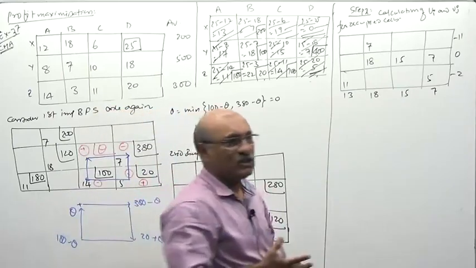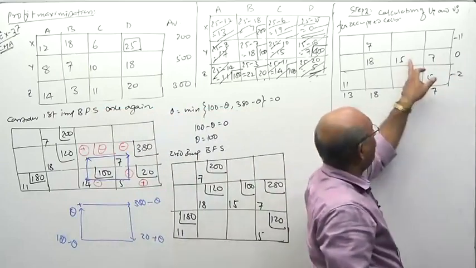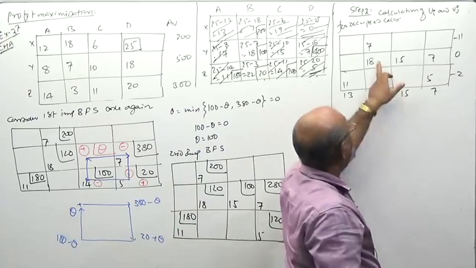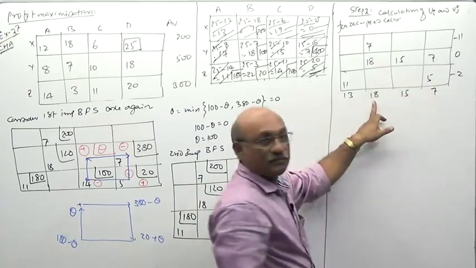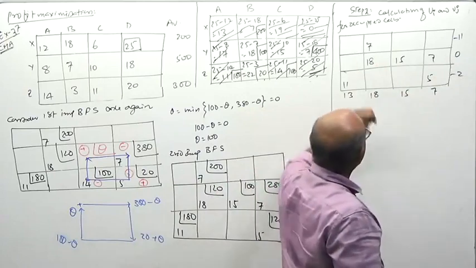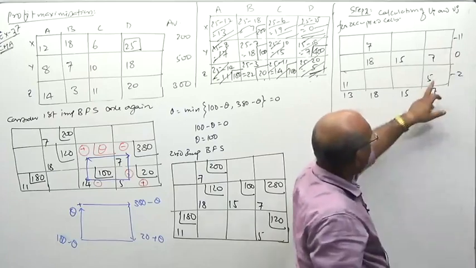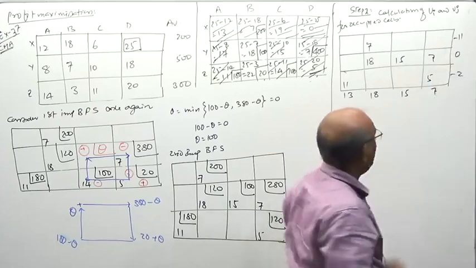Look at the calculations one more time. 7 minus 0 is 7. 15 minus 0 is 15. 18 minus 0 is 18. Clear? Next. 7 minus 18 is minus 11. 5 minus 7 is minus 2.